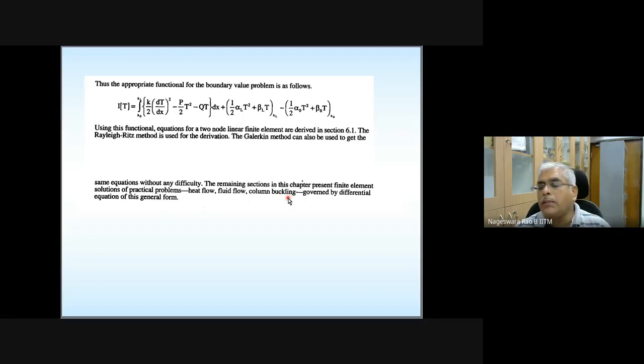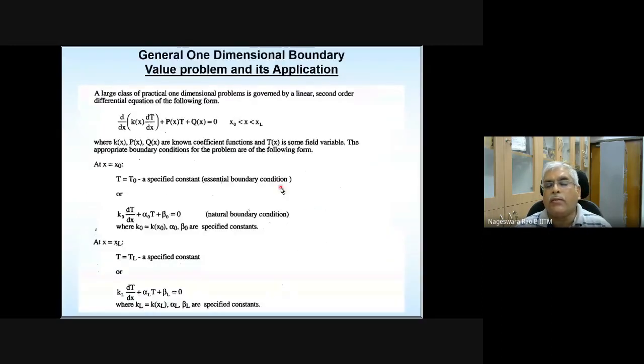Because for all these kinds of problems, the differential equation or the boundary value problem that you are trying to solve, resulting from any of these physical phenomena, is going to have a similar kind of structure. So your job is to identify, for a given problem, what is k(x), p(x), q(x).